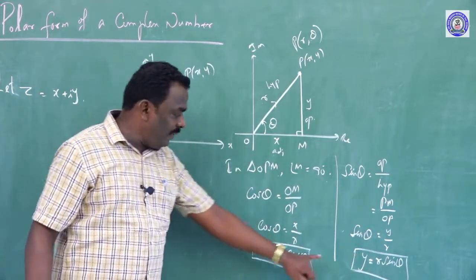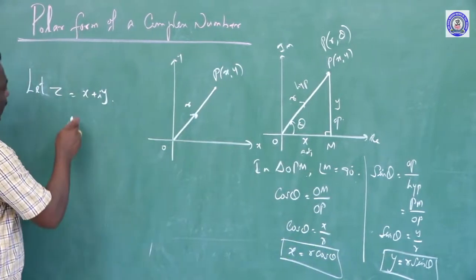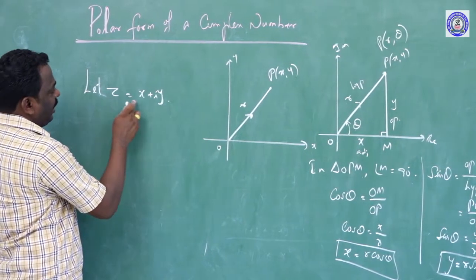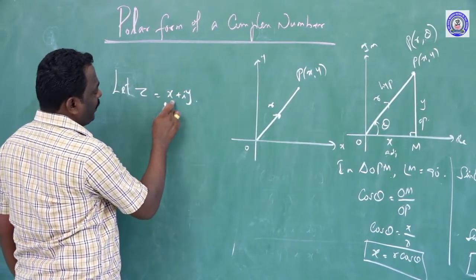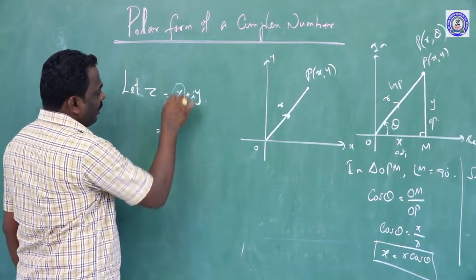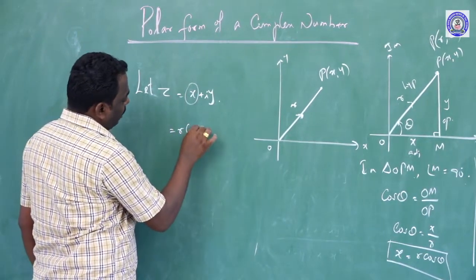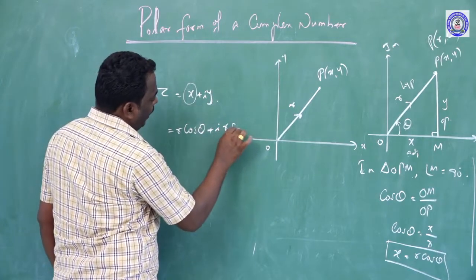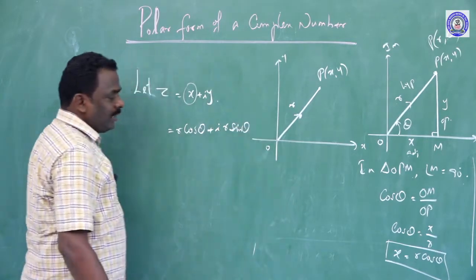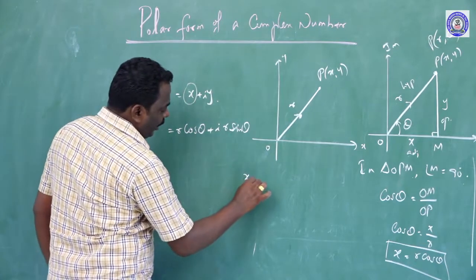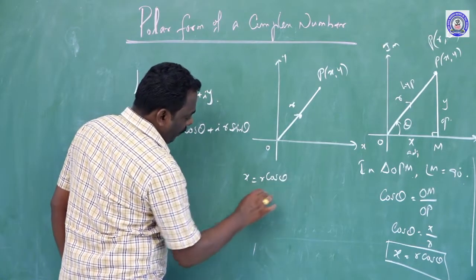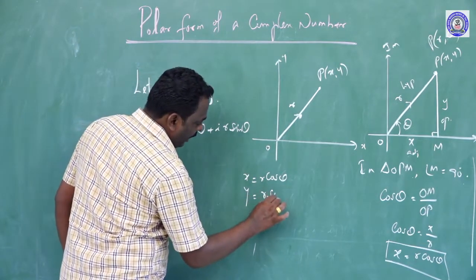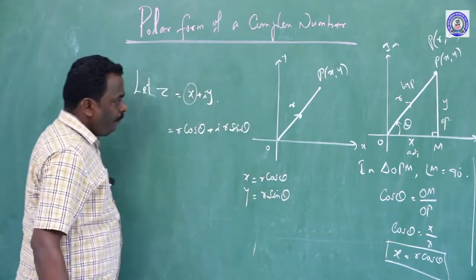And now, using x and y, just write it in complex form. The complex rectangular form is z equal to x plus iy. Now, we obtain x equal to r into cos theta, plus i into y equal to r into sin theta. Because x is equal to r cos theta and y is equal to r sin theta, just replace.